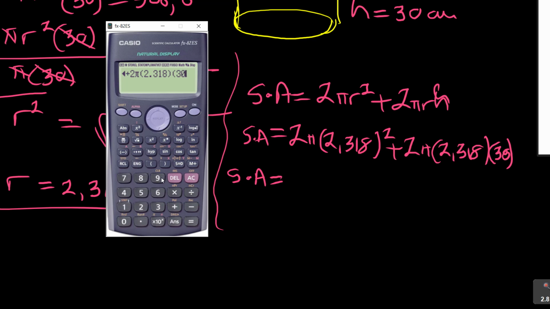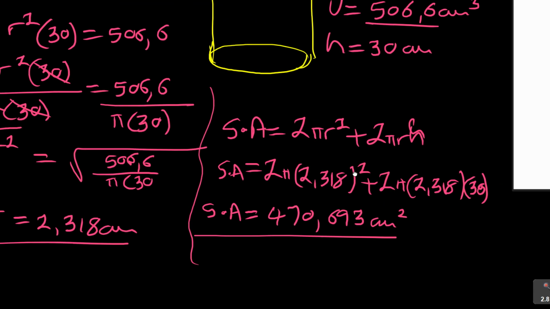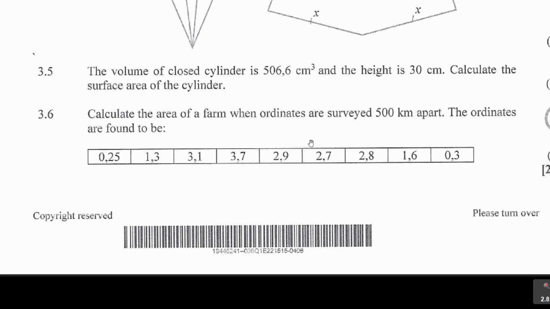Times 30. Equal to 470.693. So 470.693 centimeters squared. All right, so that was the way this could have been approached.